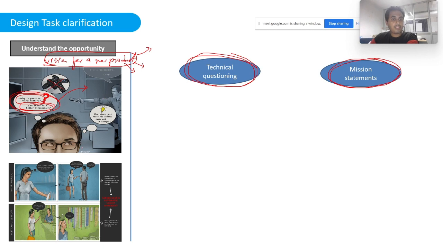Similarly, I already gave you an example in my first lecture of a scenario where shampoo sachets are not available in a shopping mall. However, they are available in small grocery shops.